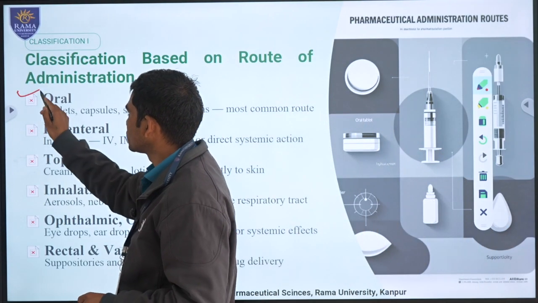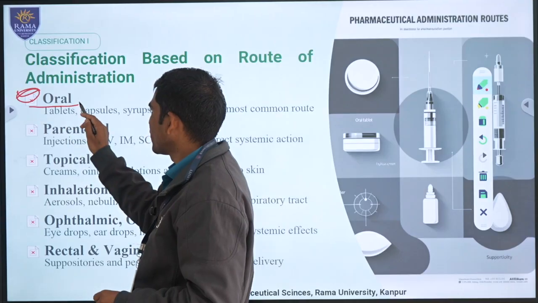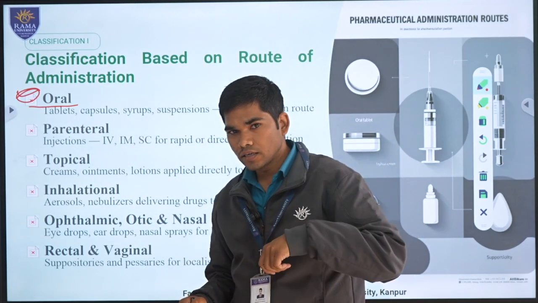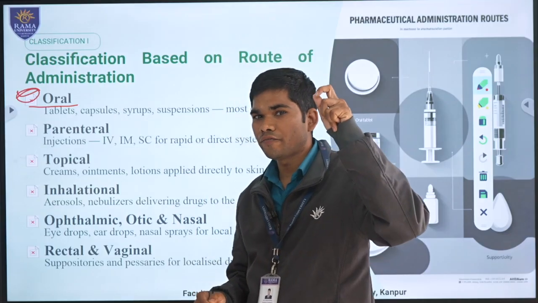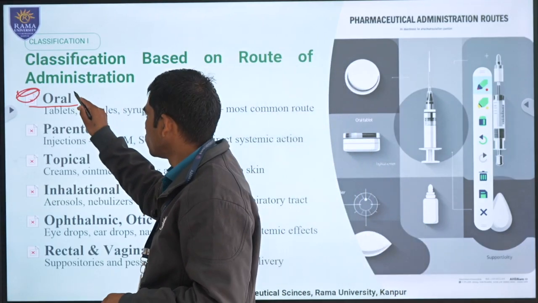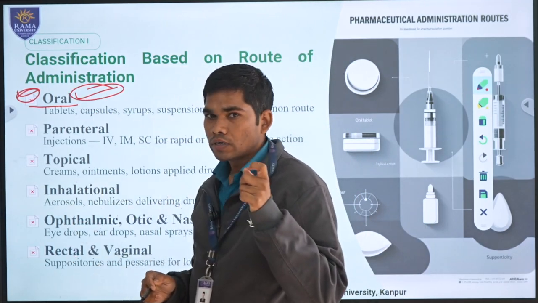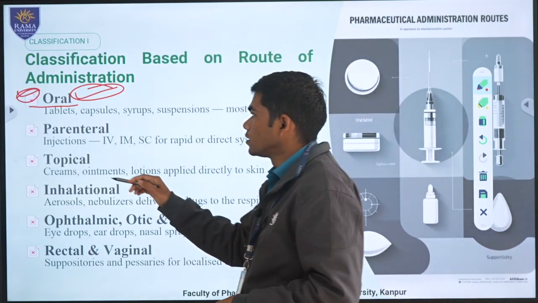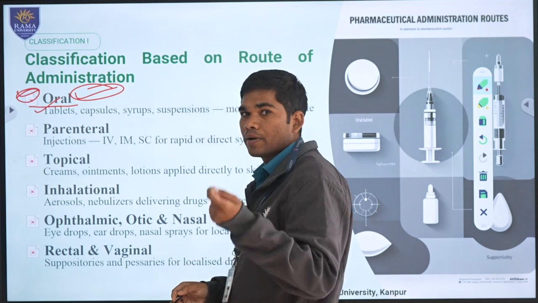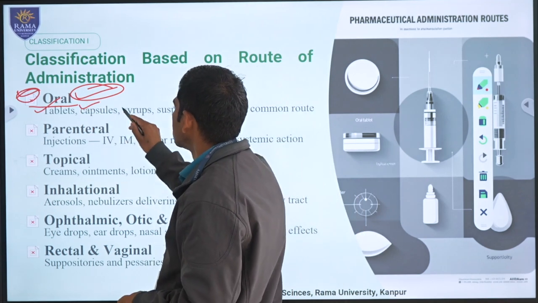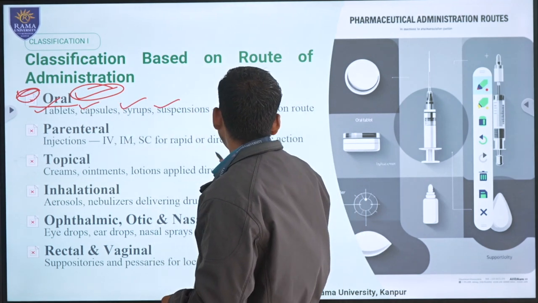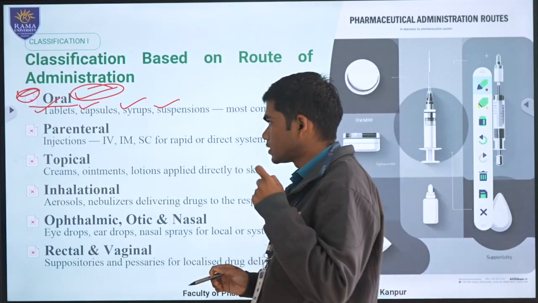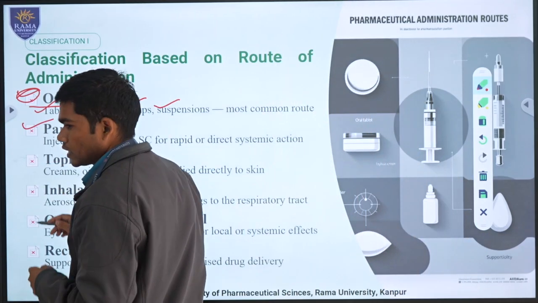The route of administration is classified into different types, as the drug enters the body by different routes. First one is oral. There are a number of pharmaceutical dosage forms taken orally, like tablets, capsules, syrup, suspension, and the oral dosage form is a safe medicine delivery system.